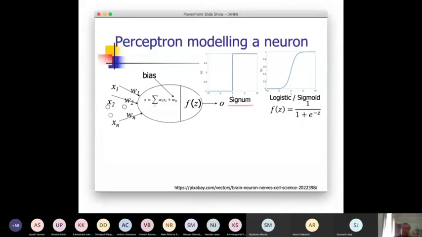Now the thing is that this perceptron model can be used as a linear discriminant classifier if I use the signum function that we discussed. On the other hand, we can consider a very good analogy with the function of a neuron, the way it interacts in our cognition pathway or our sensation pathway.